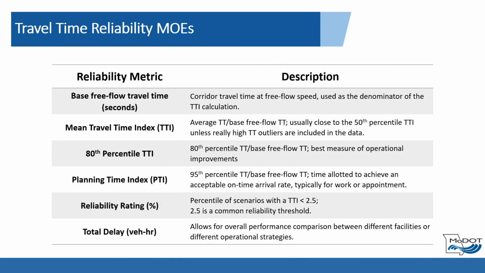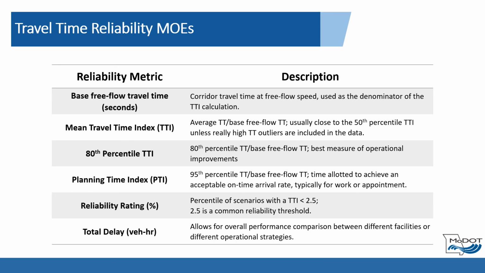Most travel time reliability metrics are based on the Travel Time Index, or TTI. TTI is calculated by dividing the scenario travel time by the base free flow travel time. Travel Time Index is preferred over the actual travel times because it allows for comparisons between facilities of different lengths.